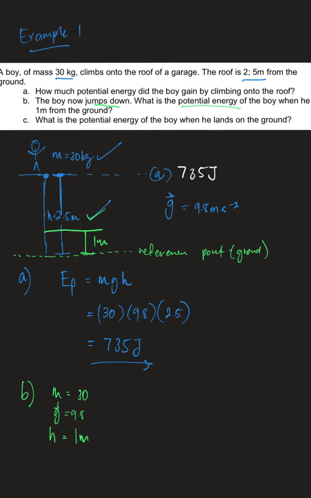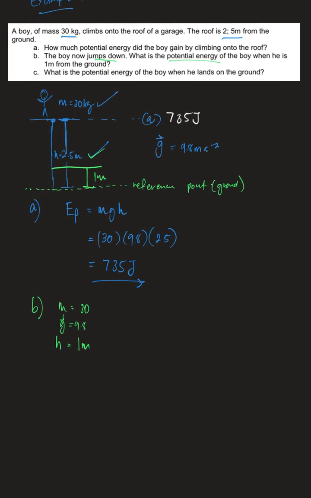So EP is equal to mgh. The mass is 30, the g is 9.8, and the height is 1. Pop all of that into your calculator, and you're going to get 294 joules. So for question B, you are sitting at 294 joules.